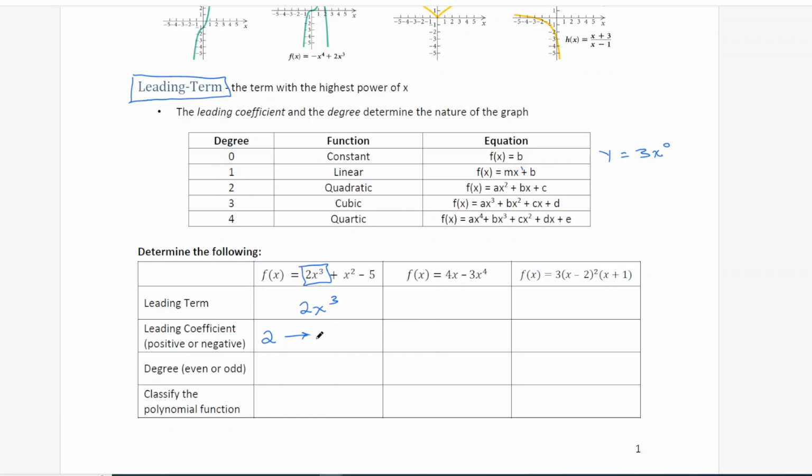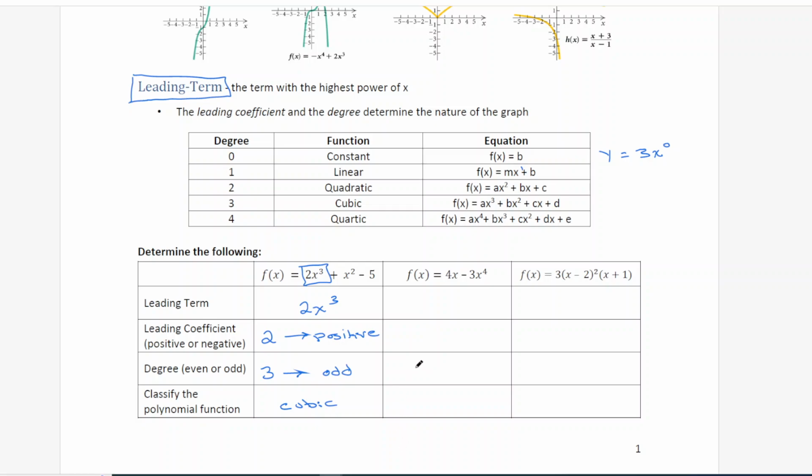Since there's no negative sign, we know that this is a positive leading coefficient. The other thing we want to look at is the degree. This one's a degree of 3. But again, just like the leading coefficient, I actually don't care that it is 3 specifically. I care that this degree is odd. But the 3 is going to allow me to classify this polynomial function as cubic.